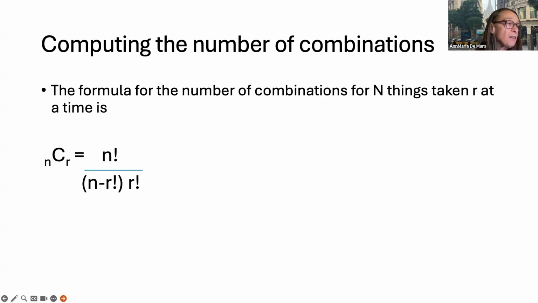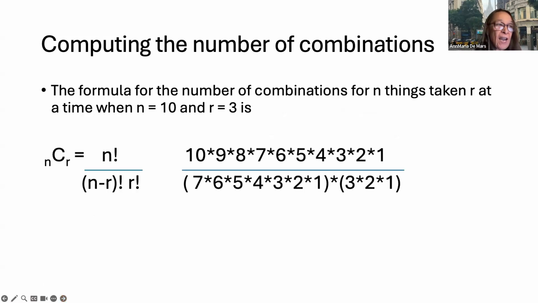So the formula for the number of combinations for n things taken r at a time is n factorial over n minus r factorial times r factorial. That looks really complicated, but it's not. Let's say we have, and we do, 10 students, right? We have 10 times 9 times 8 times 7 times 6 times 5 times 4 times 3 times 2 times 1.